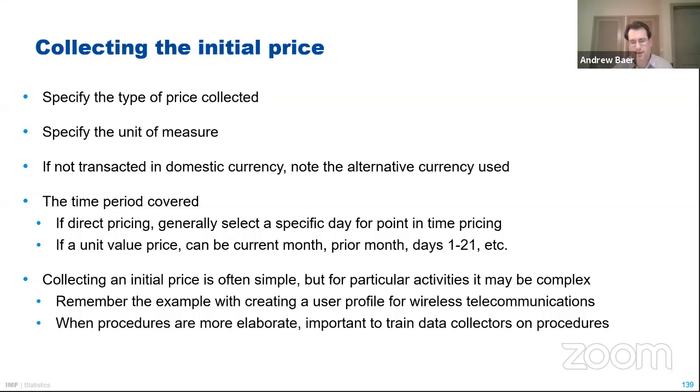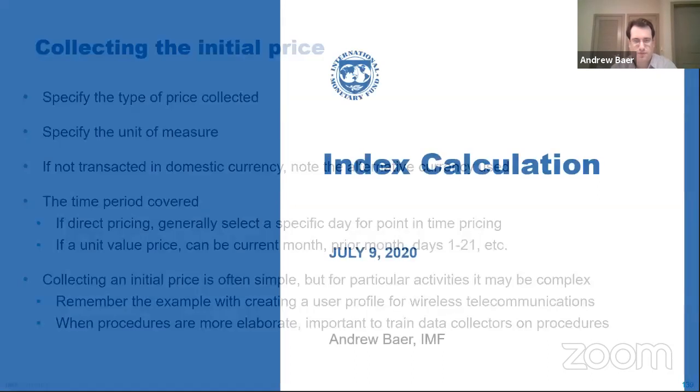So usually collecting the initial price is simple, but for particular activities it can be really complicated. And where it's complicated, we need to train the data collectors on the procedures.